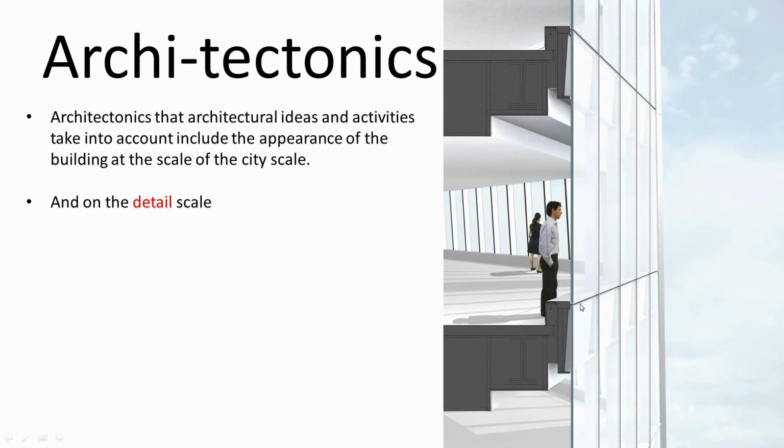But that skin has to somehow stay on the building. It has to be joined to it, right? And the building itself cannot be made entirely from glass. There are big structural elements supporting this building, okay? And they are in the form of steel beams. And then those steel beams are supporting floor slabs.